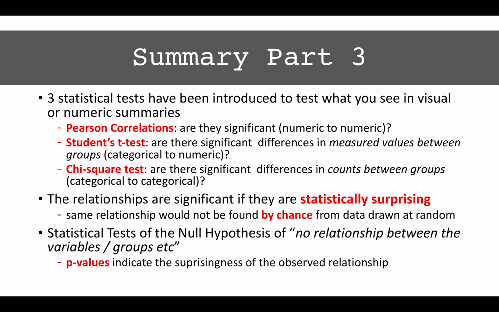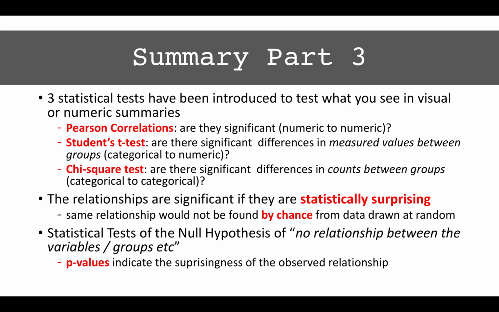And the chi-squared test is used to examine the correspondences between different groups and the counts between groups, categorical to categorical. The relationships are significant if they're statistically surprising, and really what that means is whether that relationship would be found from data drawn randomly, quantifying the extent to which it'd be found by chance.